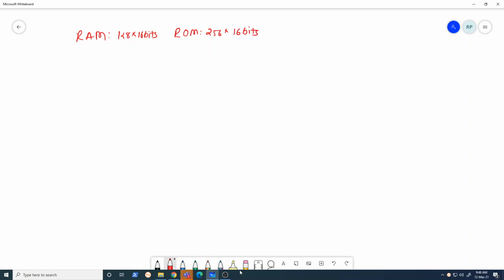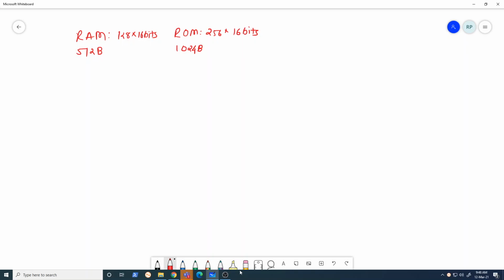The memory requirement is 512 bytes of RAM and 1024 bytes of ROM. This is my requirement.